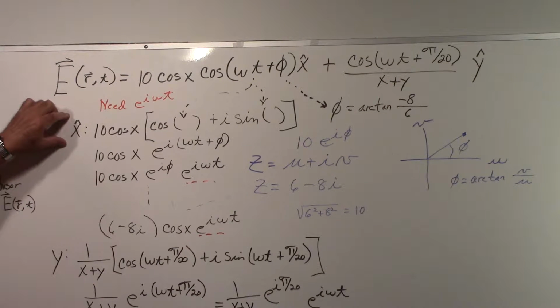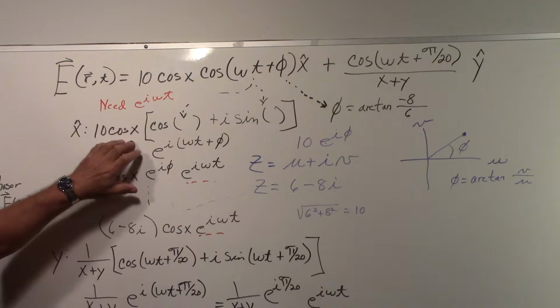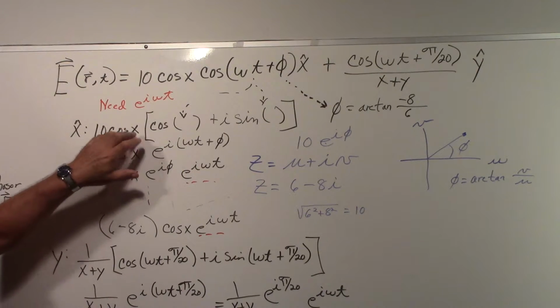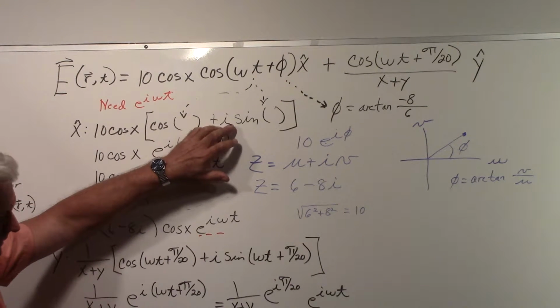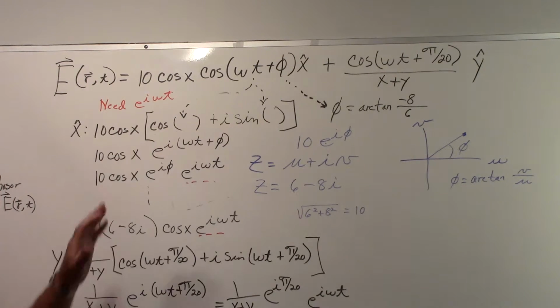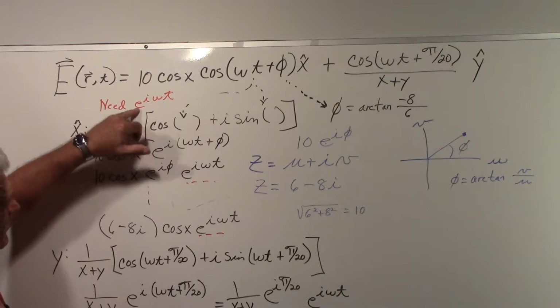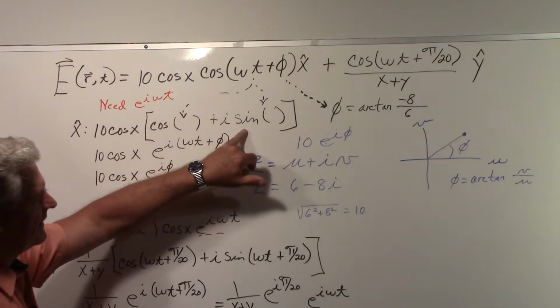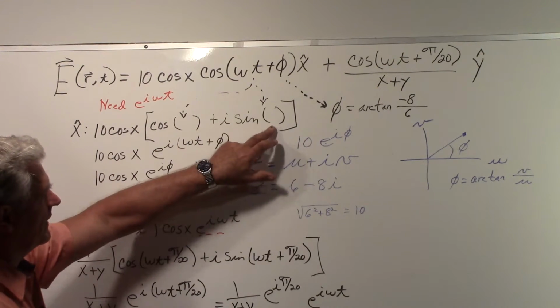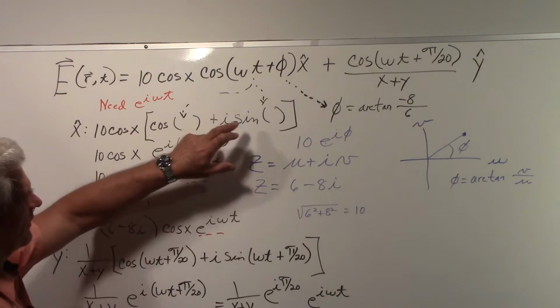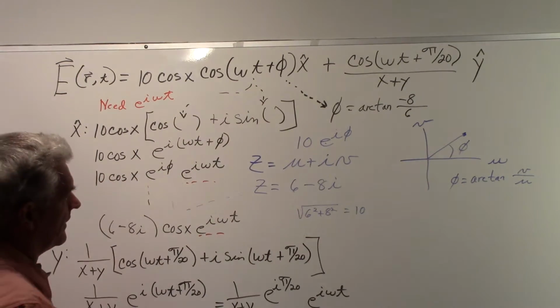So if we look at the x component, we have 10 cosine x, and we can add an imaginary part to it, because in the end we wind up taking the real part. But we want to get to an e to the I omega t, so we add in a sine of that quantity. I didn't fill in the parentheses, but it's the omega t plus phi.